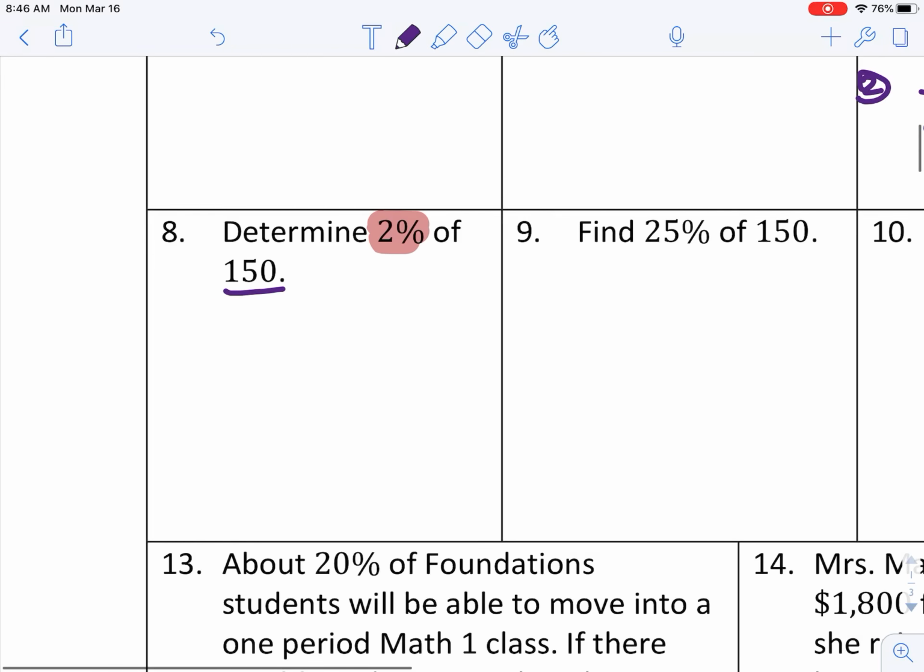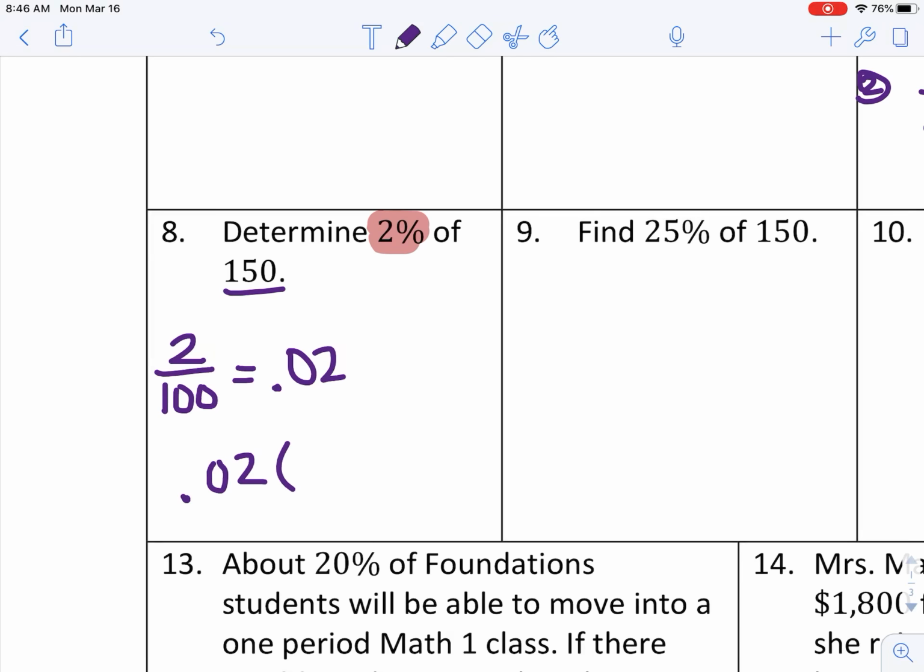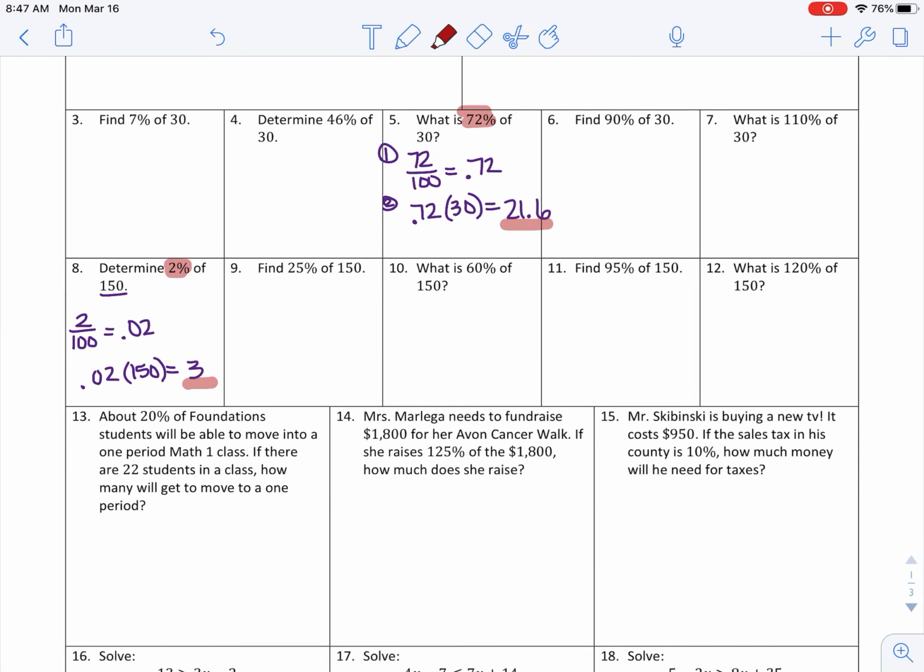Let's try it. 2 divided by 100 equals 0.02. Now take 0.02, multiply it by 150, and see what you get. 3. Now 2 is very small in comparison with 100. Therefore, 3 is very small in comparison with 150.